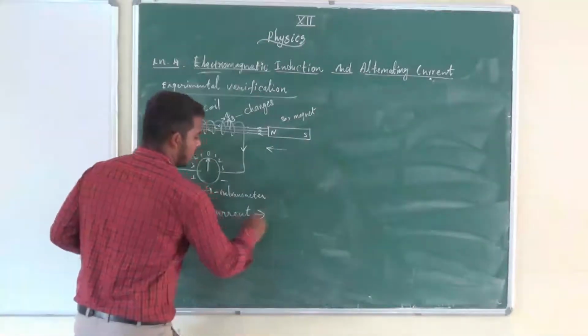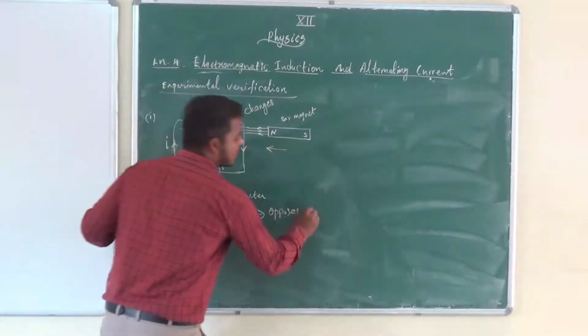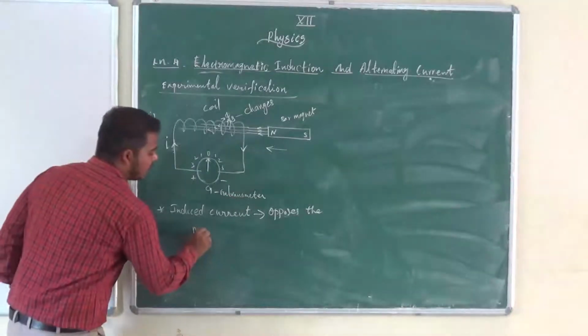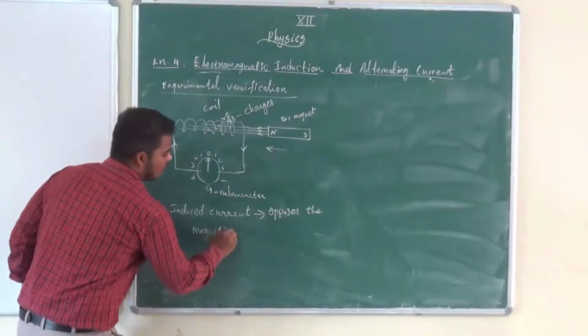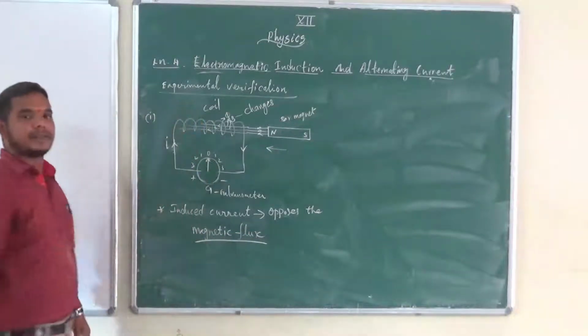So that induced current opposes the magnetic flux. How does it oppose?